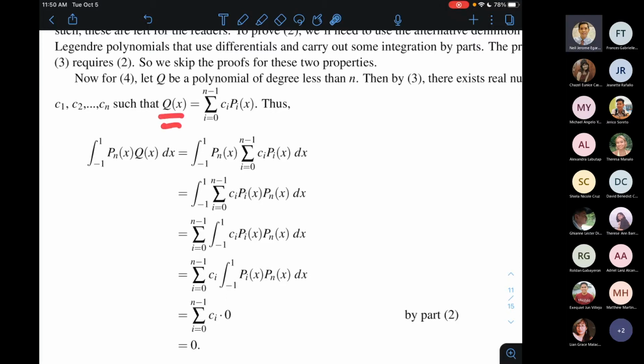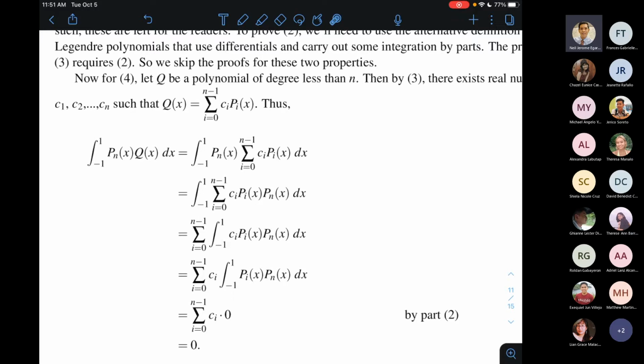So si q, pwede kong i-expand in terms of the Legendre polynomials, ci times pi, i going from 0 to n minus 1. And again, I can do this for any polynomial q kasi nga ini-span ng p0 hanggang p sub n minus 1 lahat ng polynomials of degree n minus 1 or less.